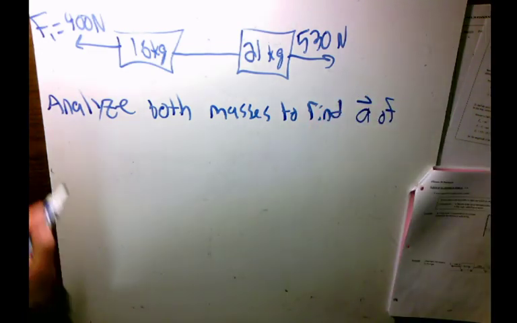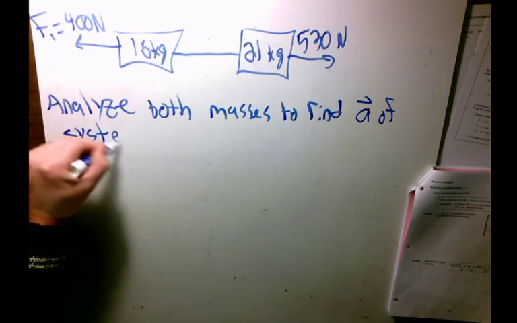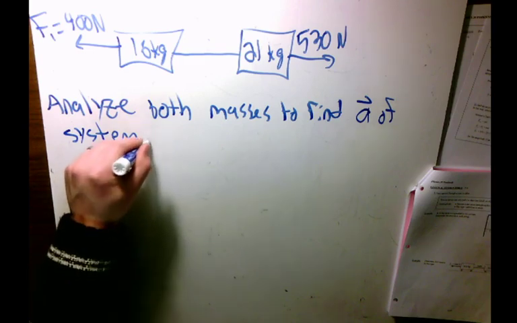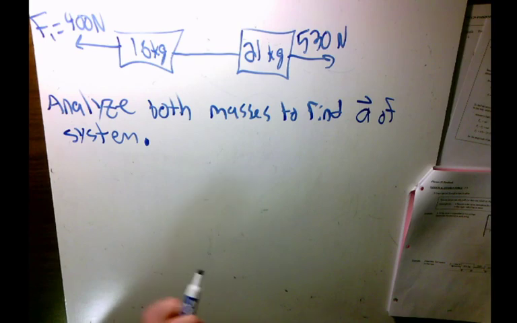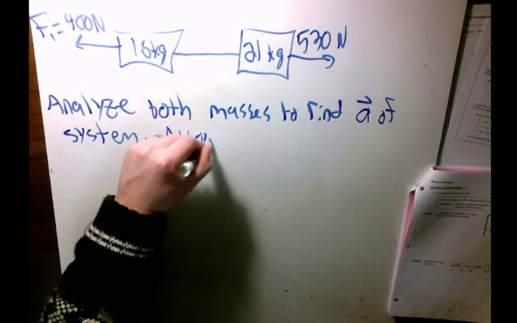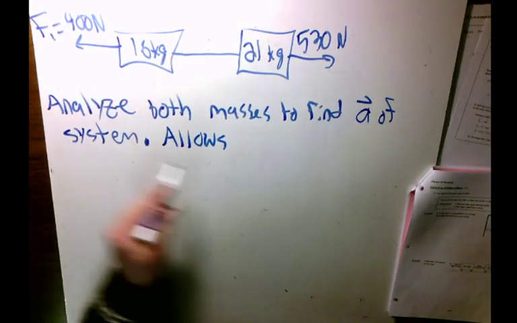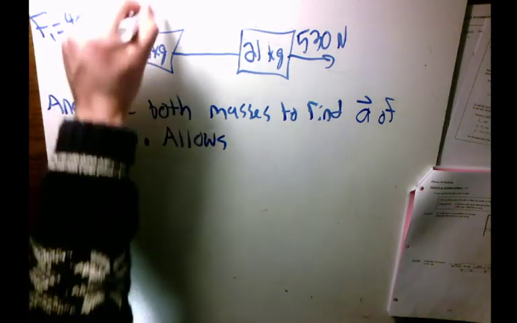When we find the acceleration of the system as a whole, that allows us to ignore the tension of the rope in between, because our free body diagram only analyzes external forces.